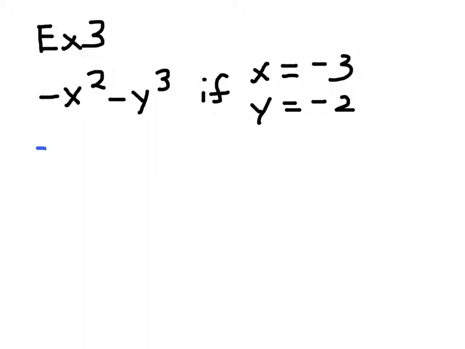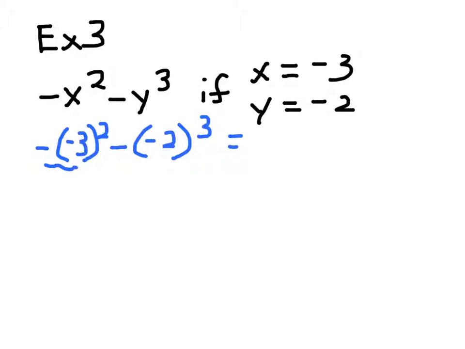So I have the opposite of whatever x squared is, minus whatever y is, I'm going to cube it. All right, so now using PEMDAS, is there any parentheses to do work inside of? No. Is there any exponents? Answer is yes. So I'm going to do my exponents here and here.